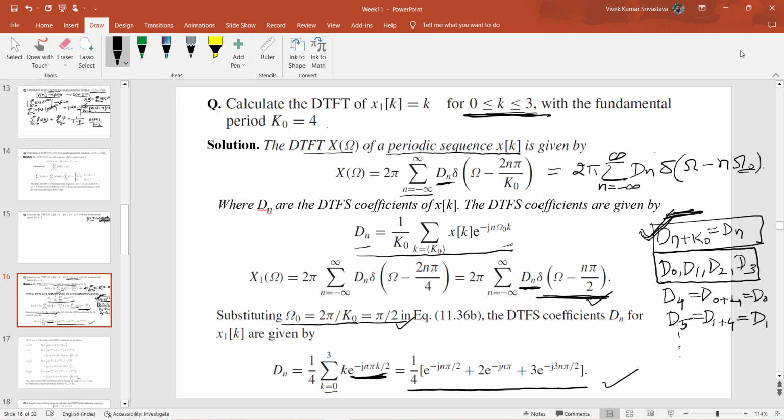I know the difference conceptually, but when writing formulas, in DFT we don't use infinity, right? We use only 0 to N minus 1, and here infinity. Yes. Okay, anyway, sir. Okay, go ahead.